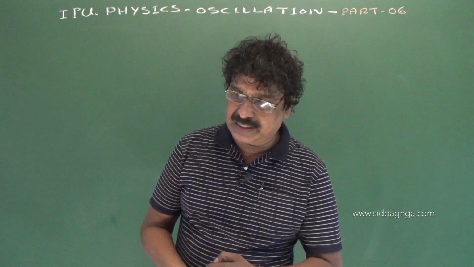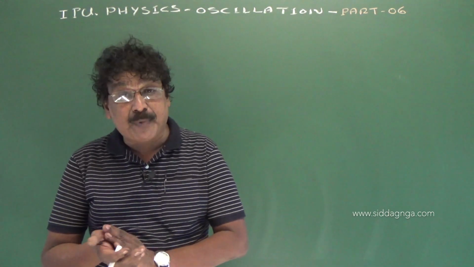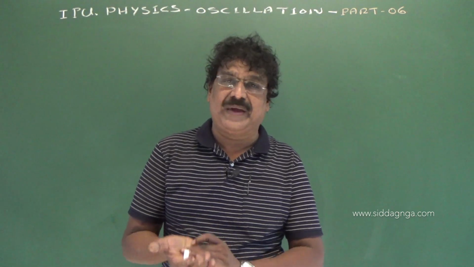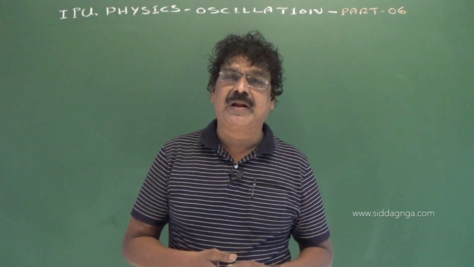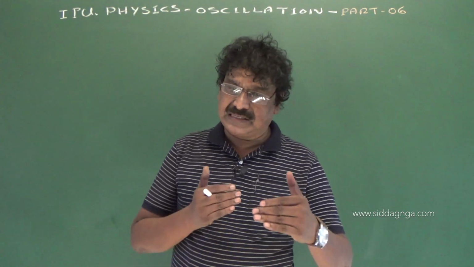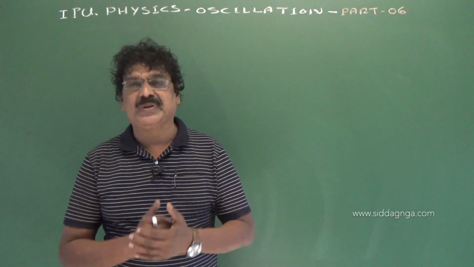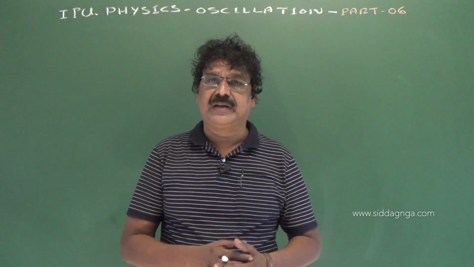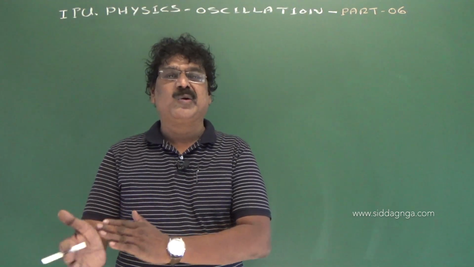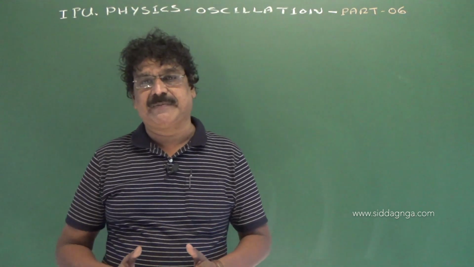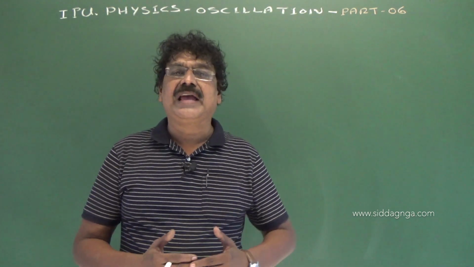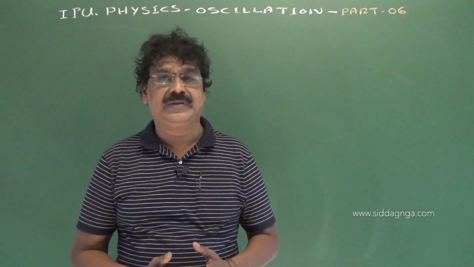And we have also discussed epoch, the initial phase. When a particle executing simple harmonic motion is not at the mean position or equilibrium position when time t is equal to 0, then it has some initial displacement and initial angular displacement from the mean position.